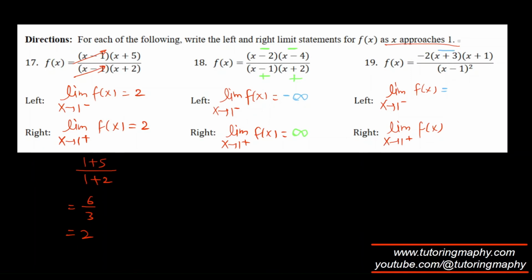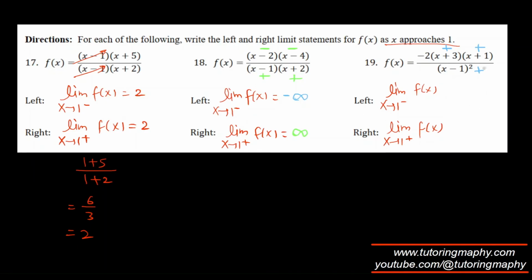So 0.9 plus 3 is positive. 0.9 plus 1 is positive. Actually, I don't even need to bother about this because that's a perfect square. That's never going to be negative, because 0.9 minus 1 is a negative number, but a negative squared is positive.